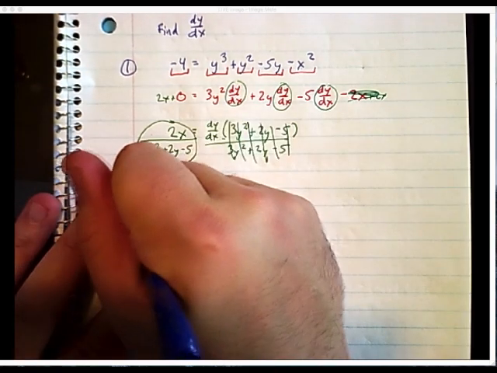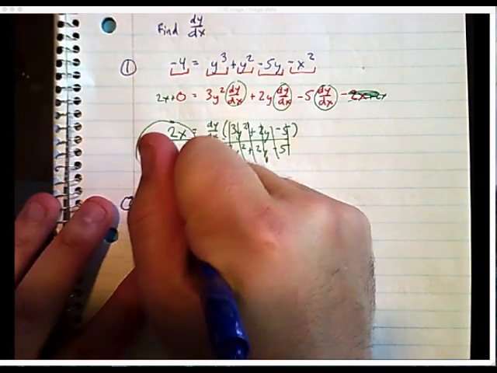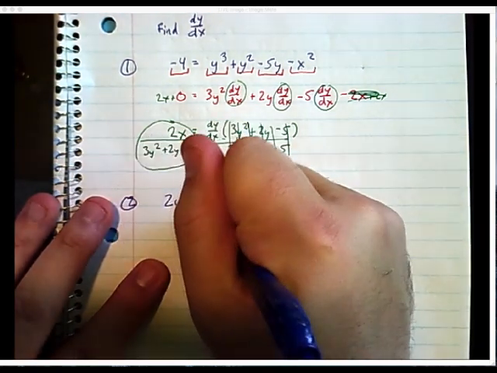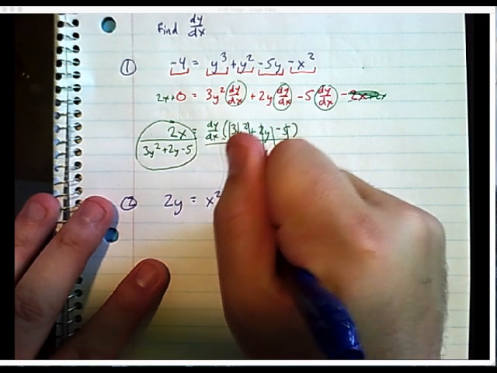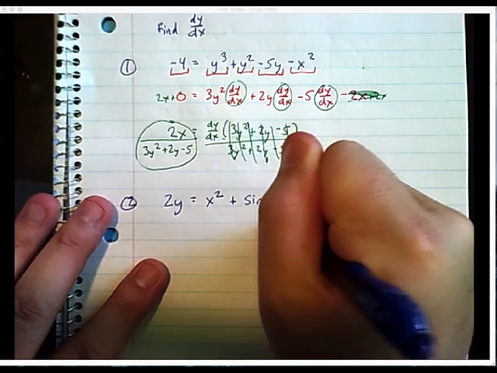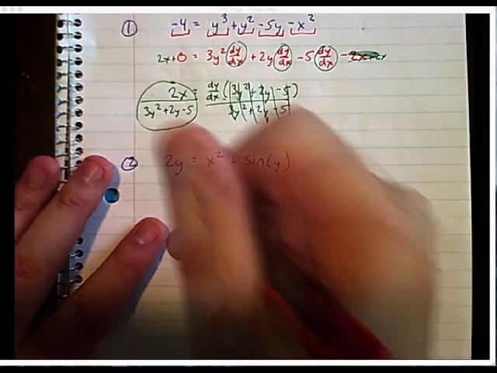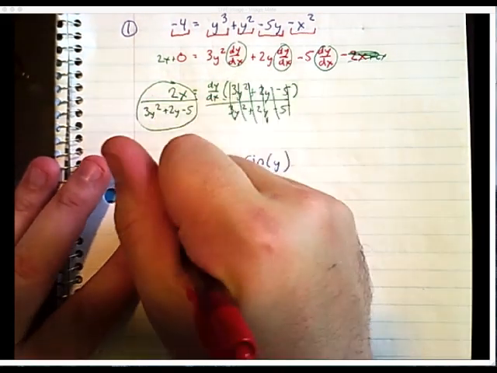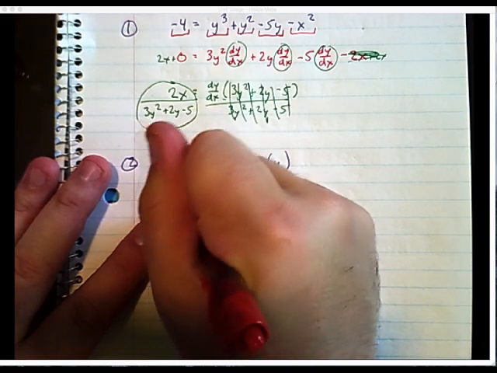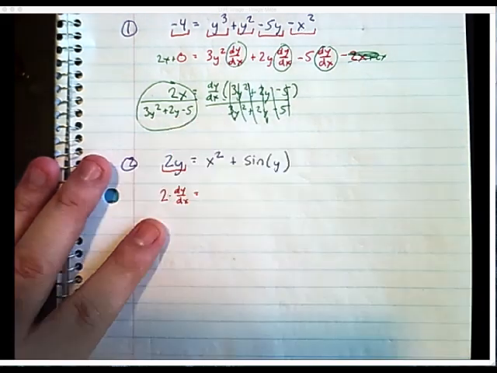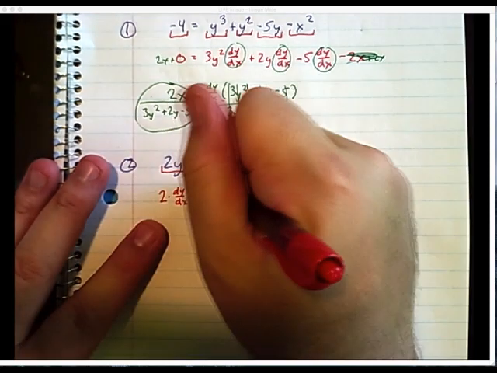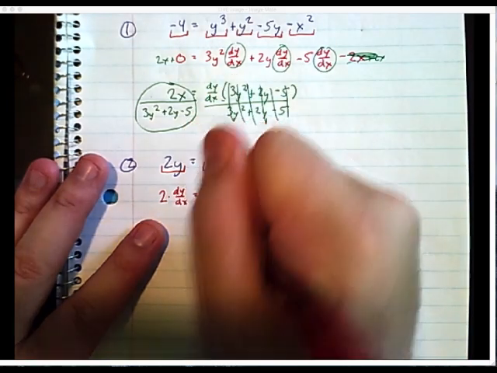Number 2. So it's 2y equals x squared plus the sine of y. Just take the derivative of each piece, nice and slow. Derivative of 2y would be 2 times dy over dx. Derivative of x squared is simply 2x.